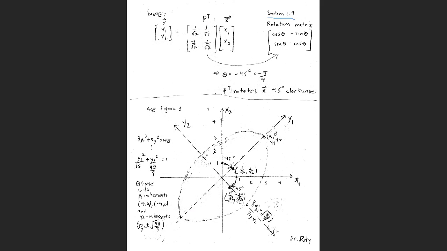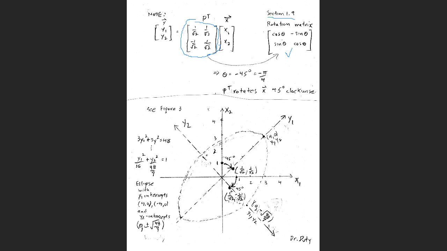Okay. The vector y is P transpose times x. But remember what this matrix P transpose is. It's a rotation matrix, right? It's a transformation matrix that's going to do a rotation.